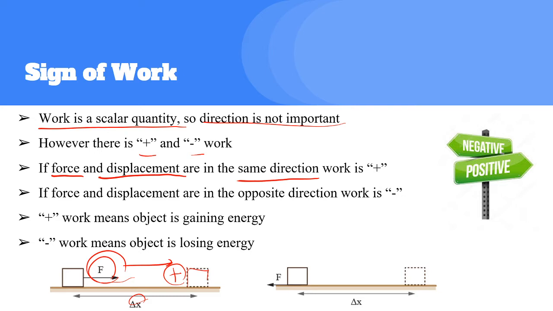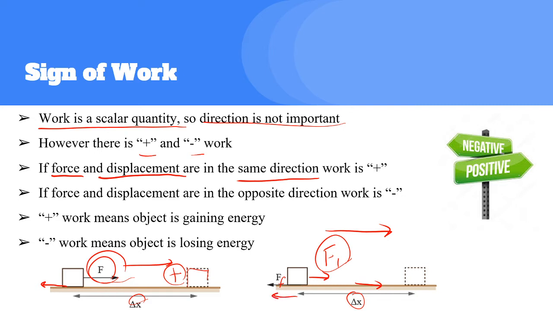and the work that we do on the object is positive. But let's say in the same system we also have friction. So we are applying some force, F1, and F friction is going basically left. So F1 is getting the object to move forward, so displacement is right. However, the force of friction is left.